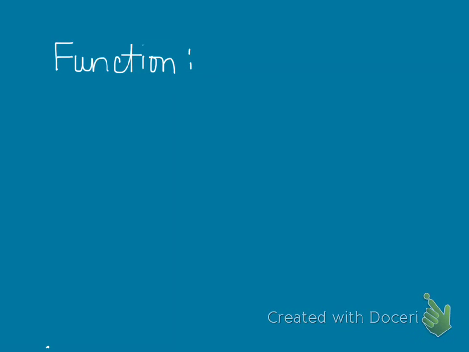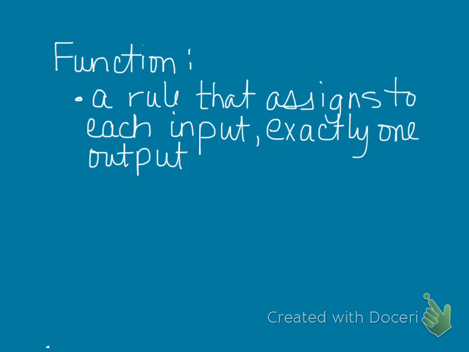Okay, so I'm going to state for you the actual definition of a function. A function is a rule that assigns to each input exactly one output. So again, if it's going to be a good predictor, then every time I put in a particular input, in this case a value of time, I'm going to get exactly one output out.